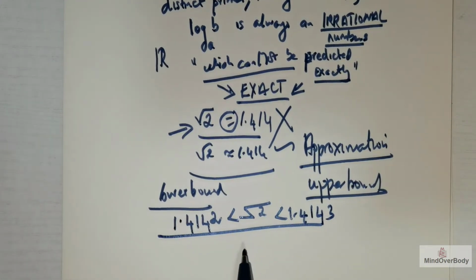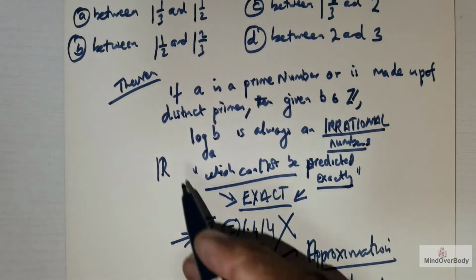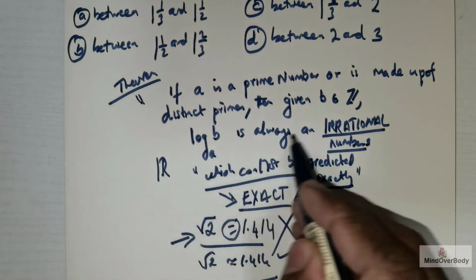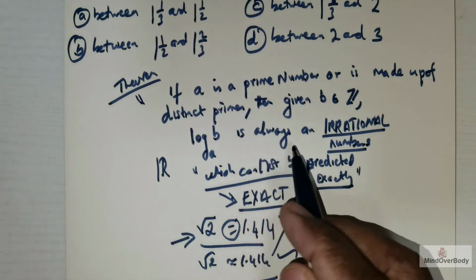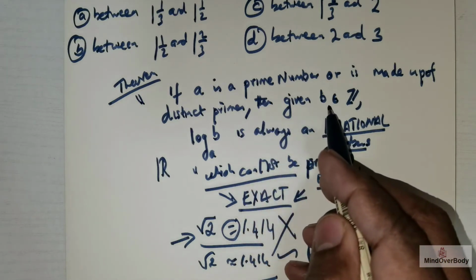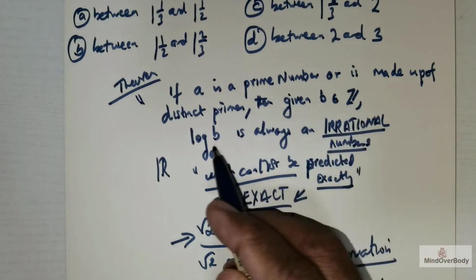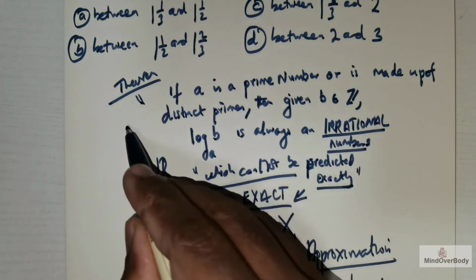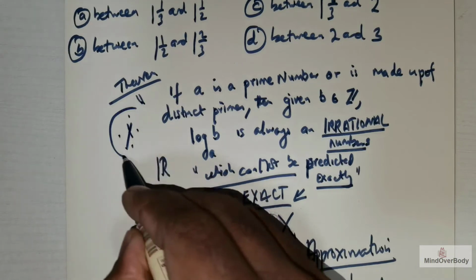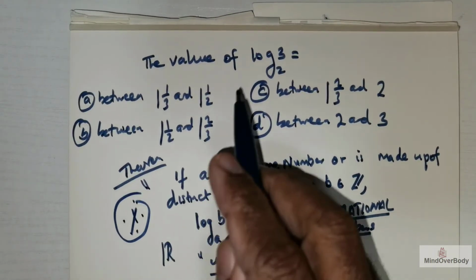Now, having mentioned this, the most important focus that I would like you all to see here is this. If A is a prime number or is made up of distinct primes, then given a B element of an integer, log B to the base A is always irrational. So this is the critical idea behind this particular question.